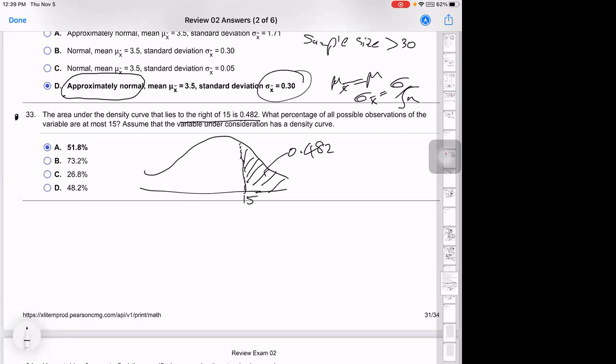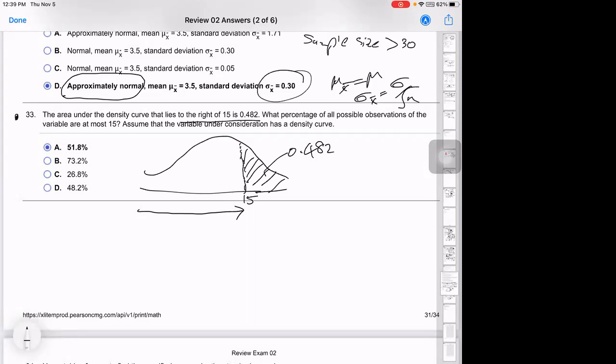What percentage of all possible observations of the variable are at most 50? Remember, at most 50 means the maximum value is 50, whatever is less than 50.